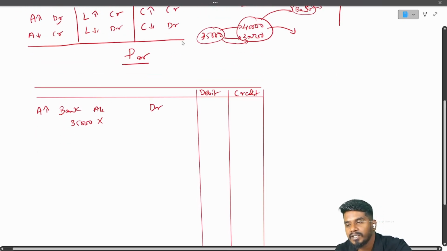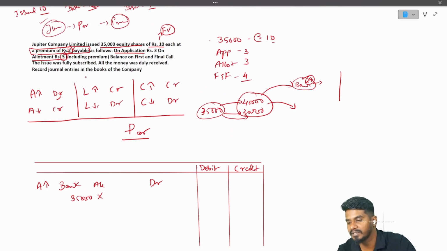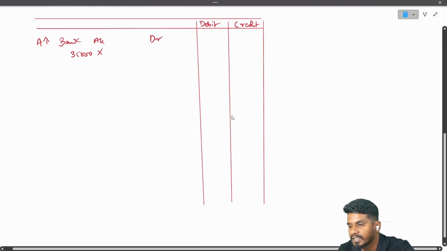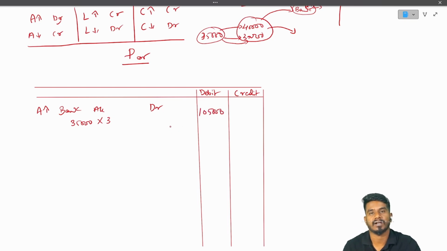On application, how much do we need to receive? On application, the company needs to receive 3 rupees per share, correct? 35,000 shares into 3 means the company will receive 1,05,000 in the bank account.